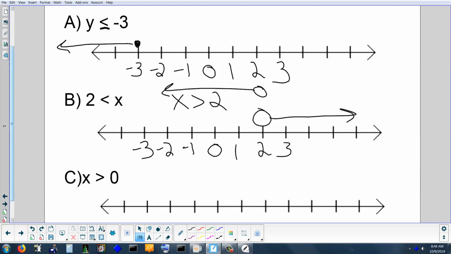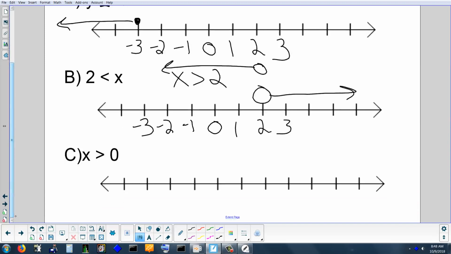Alright. So this one, is it in the right format? Yeah, we've got letter, sign, number. Let me add some numbers here. Yusuf, what do I have to decide now?